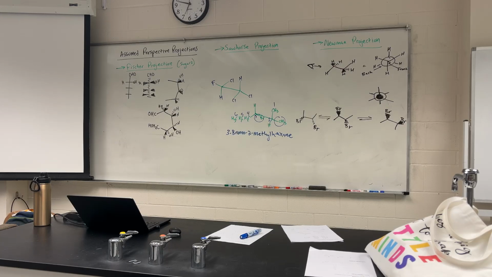Sorry, started with this. This was your zigzag. Now we're going to look down this carbon-carbon bond. Carbon in front has a CH3 coming straight down, H and H. The carbon in back has your yellow group, and then an H.